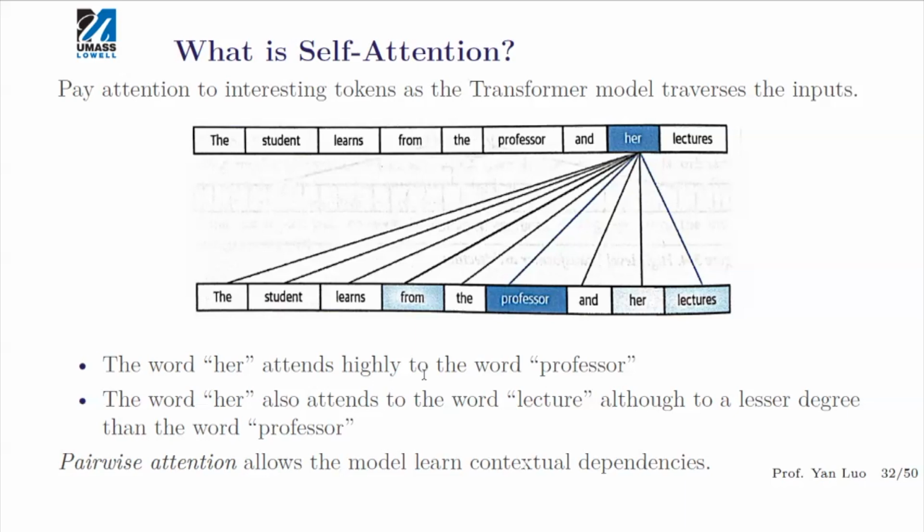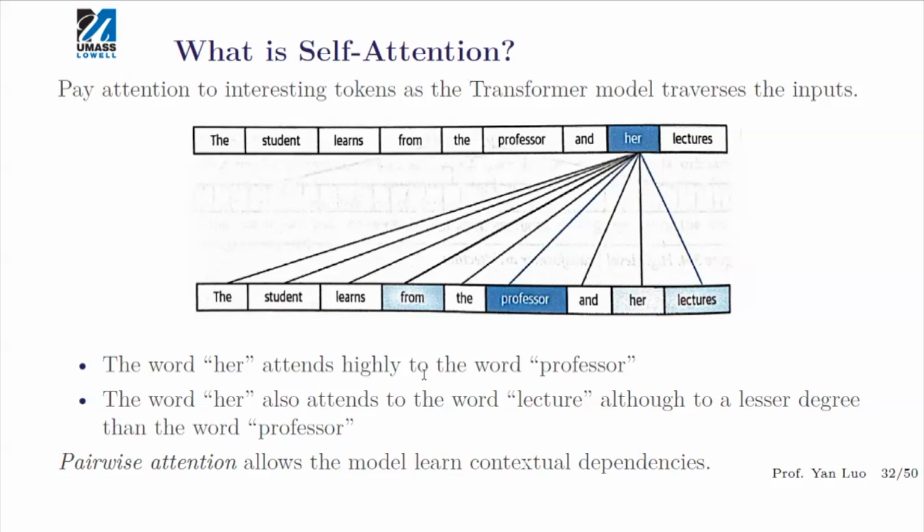So one key concept is self-attention. The multi-head attention is basically multiple instances of this self-attention. So what is self-attention? Self-attention is a way to find out the relevance among different tokens.